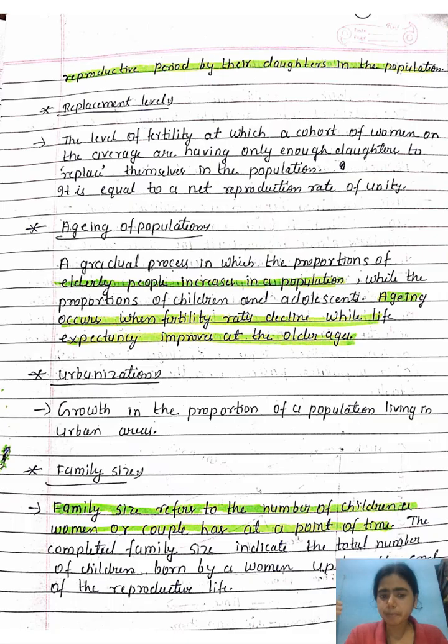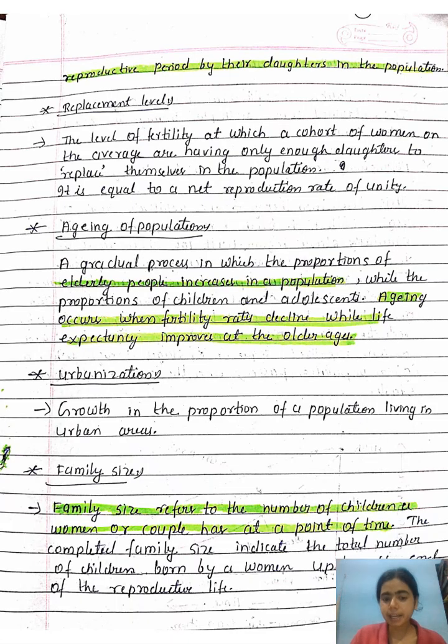So aging population means when the elderly population increases. In many European countries the fertility rate declines, like fertility and mortality both are low. That's why their aging population is increasing day by day. Like in Japan, there are many people who are very old.